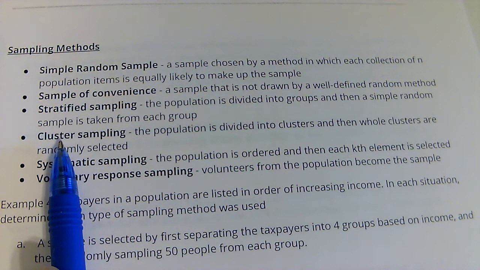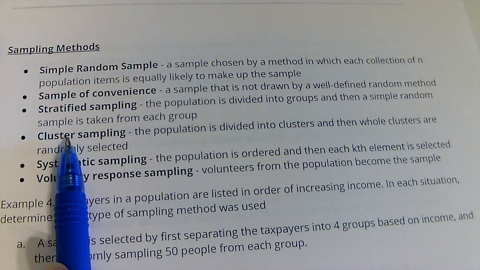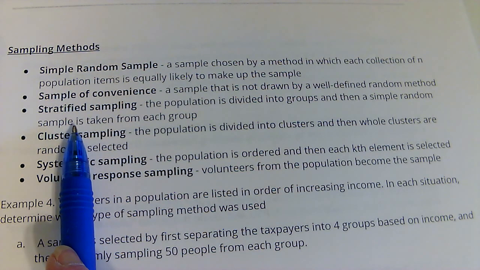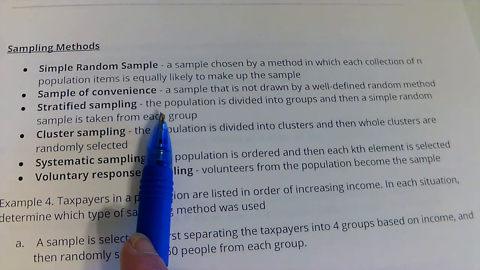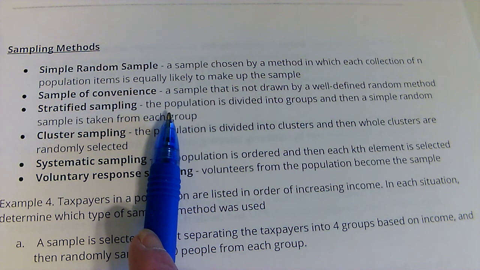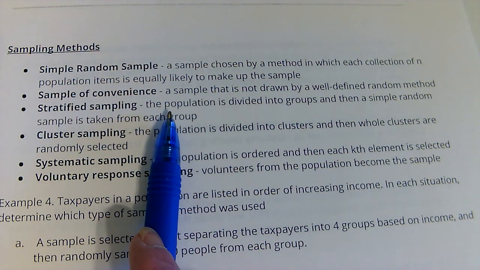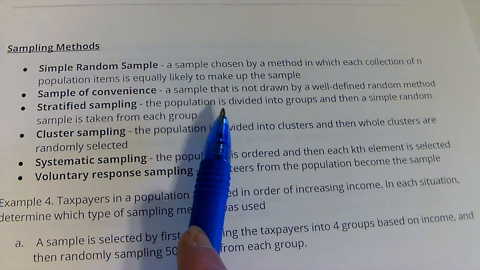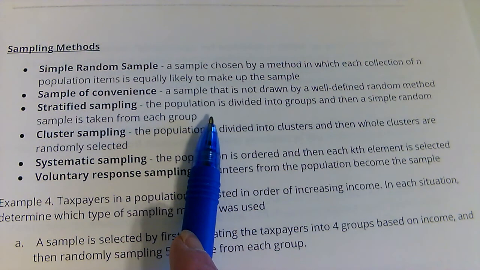Stratified and cluster tend to get confusing. So let's think about these two. Stratified. The population is divided into groups. And then a simple random sample is taken from each group.